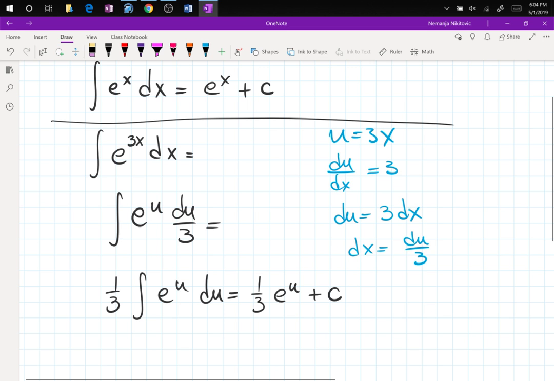To remember this easier, you can always say to yourself, I don't care about u, I care about x. Which means you can go like this, and you get your answer, which is exactly what I promised you at the beginning: e to the 3x divided by 3 plus c.